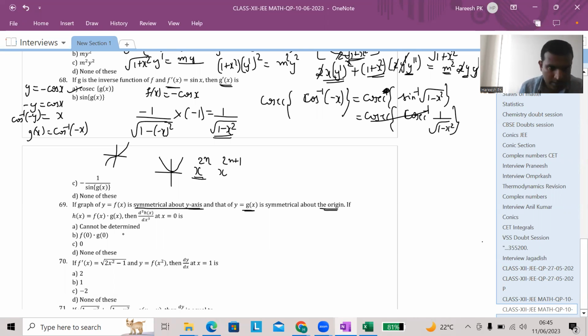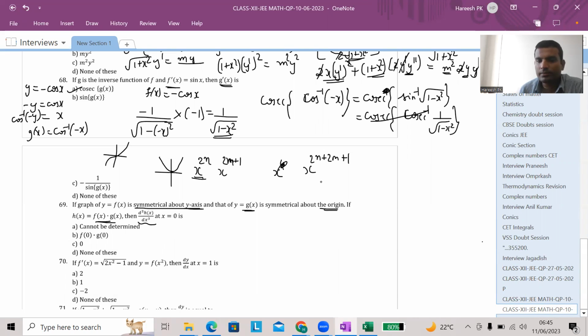Now they're saying h of x is product of both. So if h of x is product of both, then h of x is nothing but x to the power 2n times x to the power 2m plus 1, maybe. So h of x is x to the power 2n plus 2m plus 1, right? So now they're asking us to differentiate 3 times.